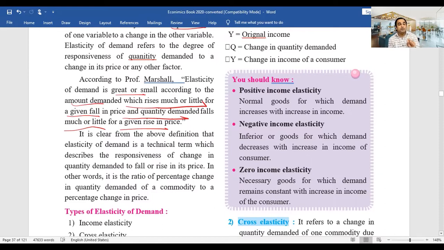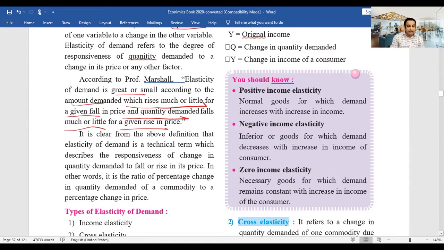Change in demand due to change in prices of related goods. Proportionate change in quantity demanded with respect to proportionate change in prices of related goods. Degree of responsiveness of quantity demanded with respect to degree of responsiveness in prices of related goods. Percentage change in quantity demanded with respect to percentage change in the prices of related goods.